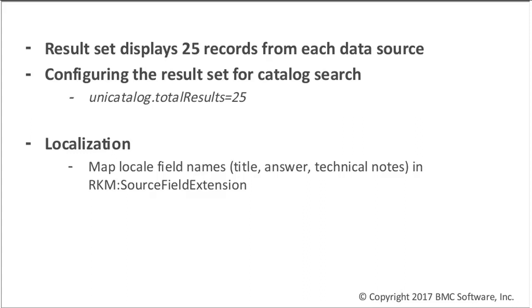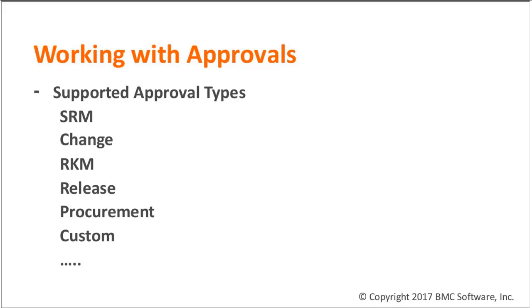We keep hearing from customers that when they look for a non-English article, the fields are not translated into the right locale. The reason is that these fields are not translated in the RKM source field extension form. So that's pretty much about the RKM configuration for Digital Workplace.